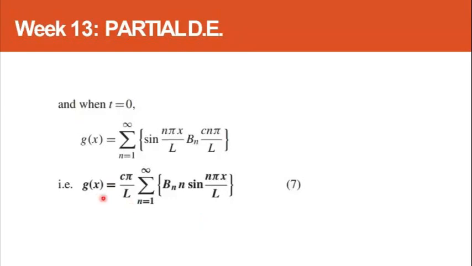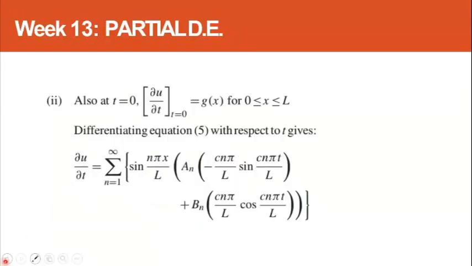Since the category of our g of x is that we need to get the value of the first derivative, and after we get the first derivative, we also have the value for t, or our time, which is 0. So after we derive it, we substitute the value of t as 0.